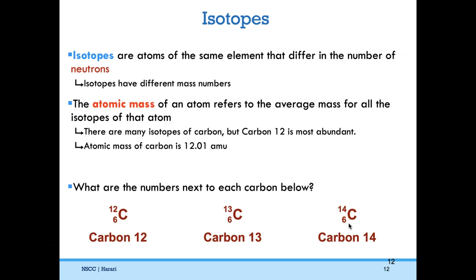So carbon always has 6 protons, but these are 3 different isotopes of carbon that have different numbers of neutrons. Pause the video right now and tell me how many neutrons there are in each of these isotopes of carbon. So there are 6 here, 7 neutrons here, and 8 neutrons here.